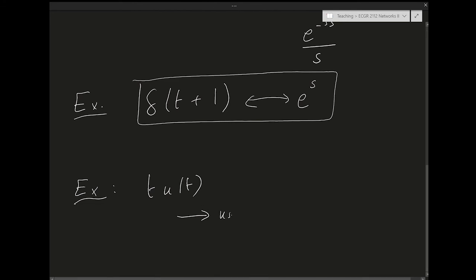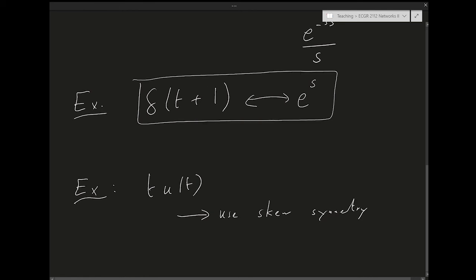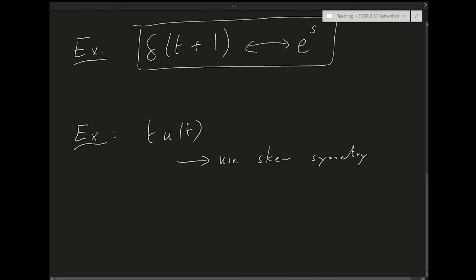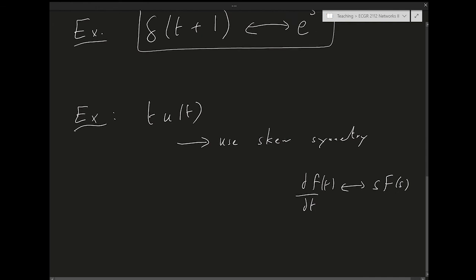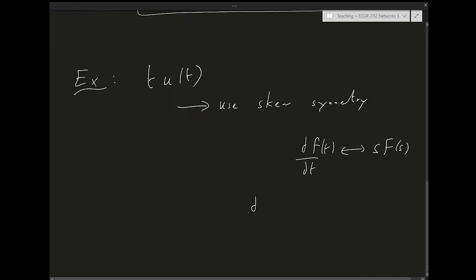So we could use skew symmetry. Remember that df by dt goes to s F of s, right? So using skew symmetry, that tells me that d over ds of something.